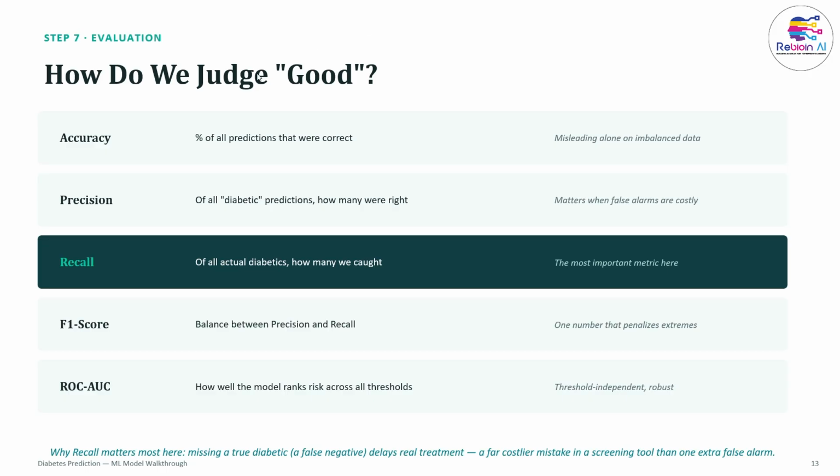And ROC AUC stands for Receiver Operating Characteristic, Area Under the Curve. Let's move further.